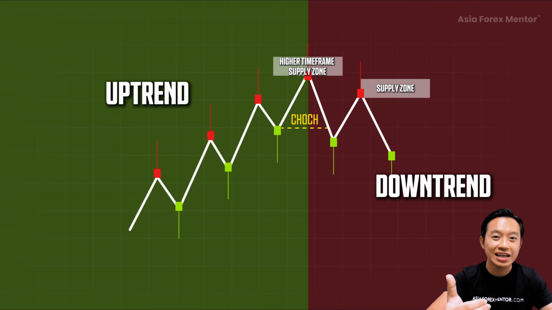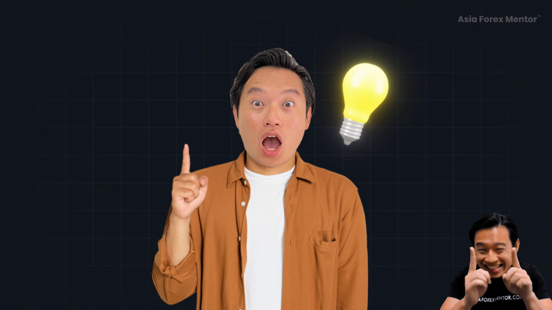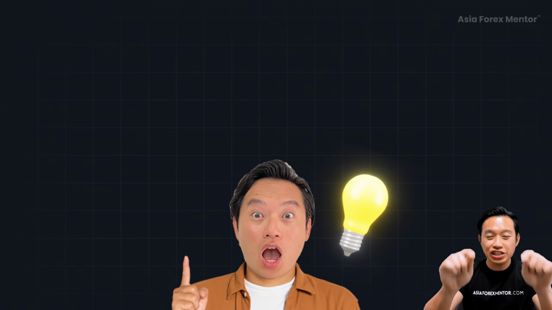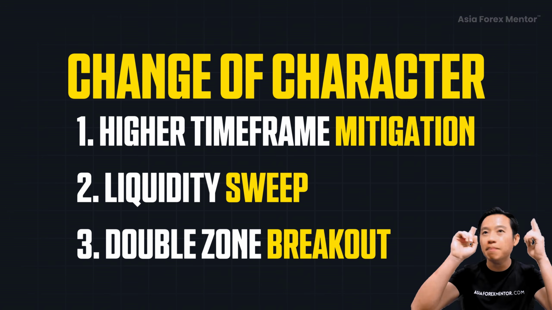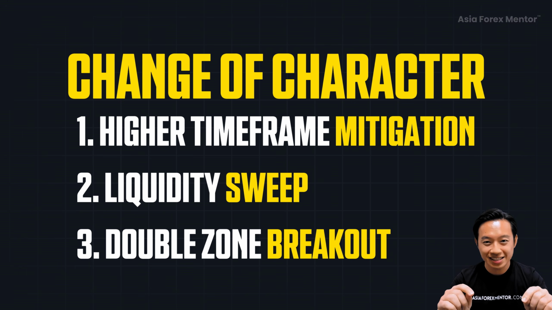Your risk to reward ratio actually gets better itself, apart from your win rate. So understanding this alone, using this change of character alone, is actually an important thing that most traders miss out. And now you have this in you.